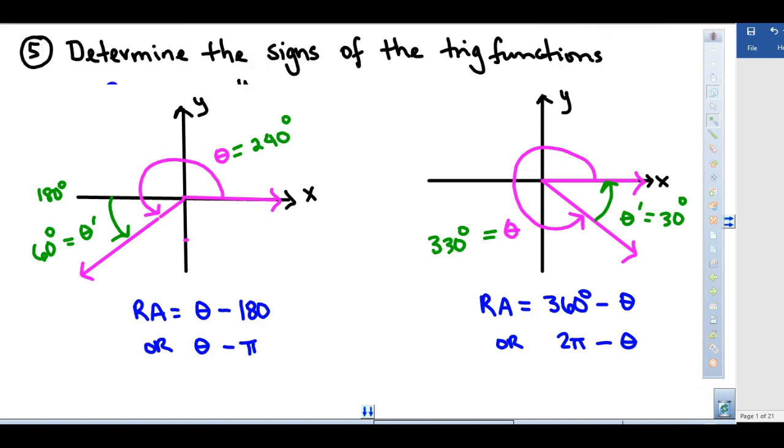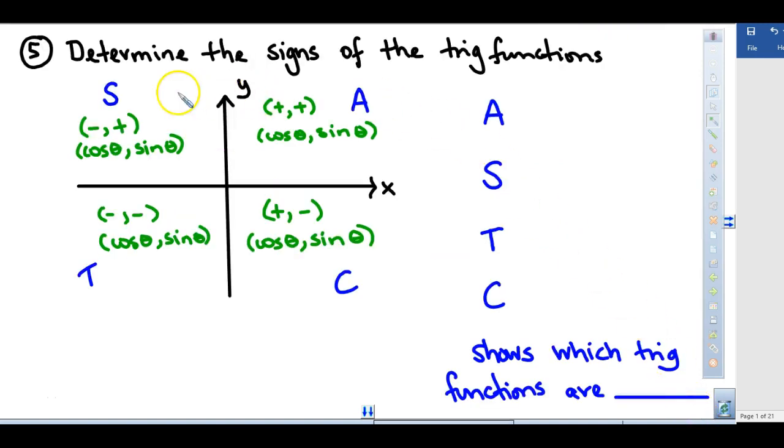Now, let's talk about ASTC. ASTC shows us which trig functions are positive. It's just a little trick that we use. What it means is the A tells us that everything in quadrant 1 is positive. So in other words, all of your trig functions are positive.